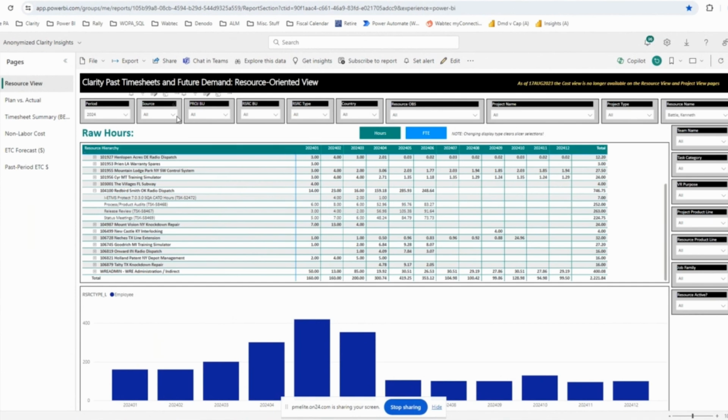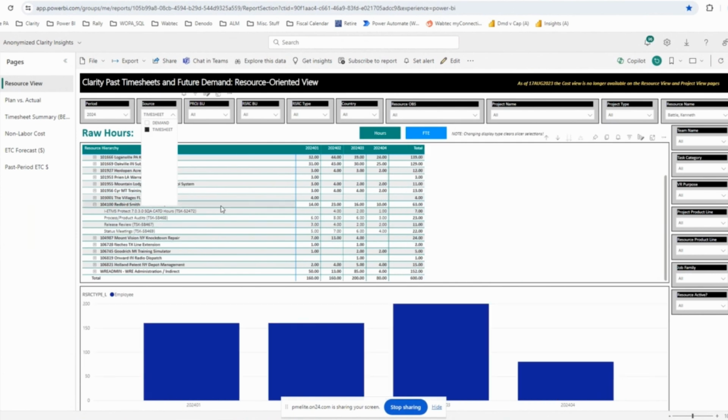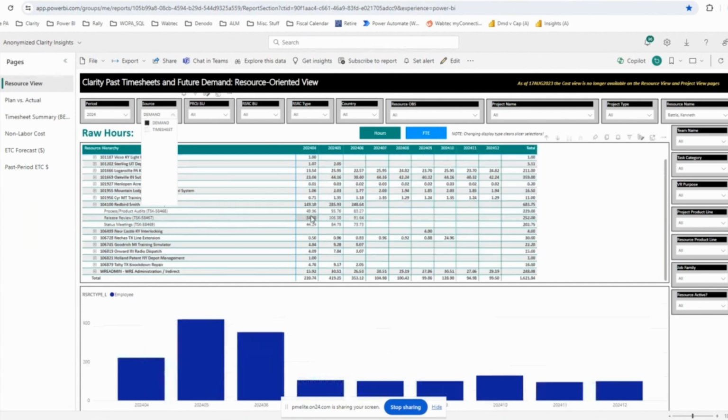If I want to see just the timesheets, I can change the source view to timesheet only. And you can see that for that project, in the 3.5 months so far in the year, because this data is as of mid-April, he had only charged 63 hours. If I switch to the demand view only, for the remaining 2.5 months, he has a budget of 683 hours.